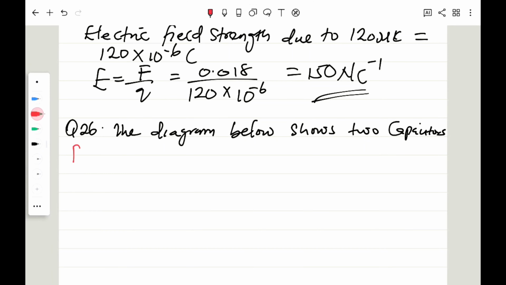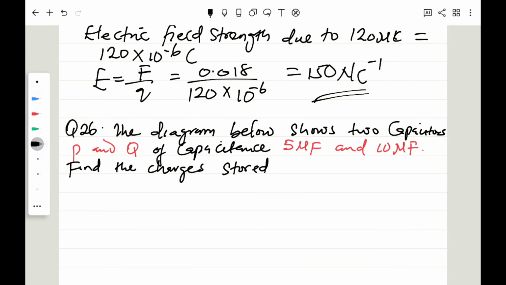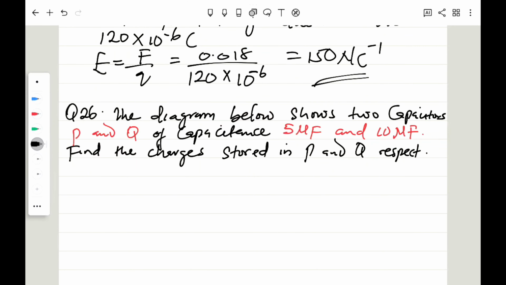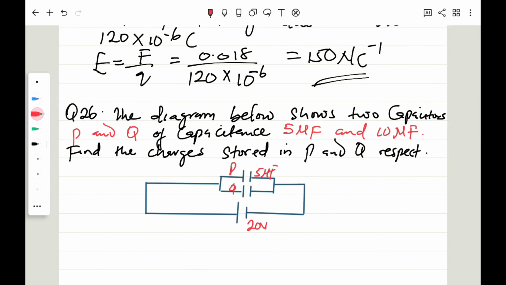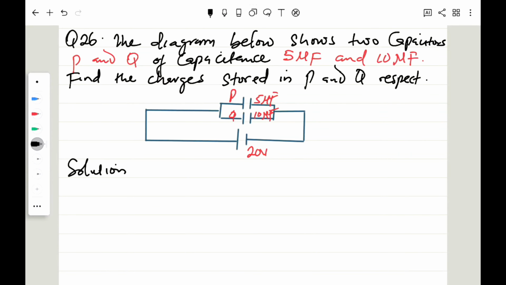The diagram below shows two capacitors, P and Q, of capacitance 5 microfarad and 10 microfarad. Find the charges stored in P and Q respectively. So using the diagram, you see that our voltage is given. Our voltage is given to be 20 volt and our two capacitors. Okay?